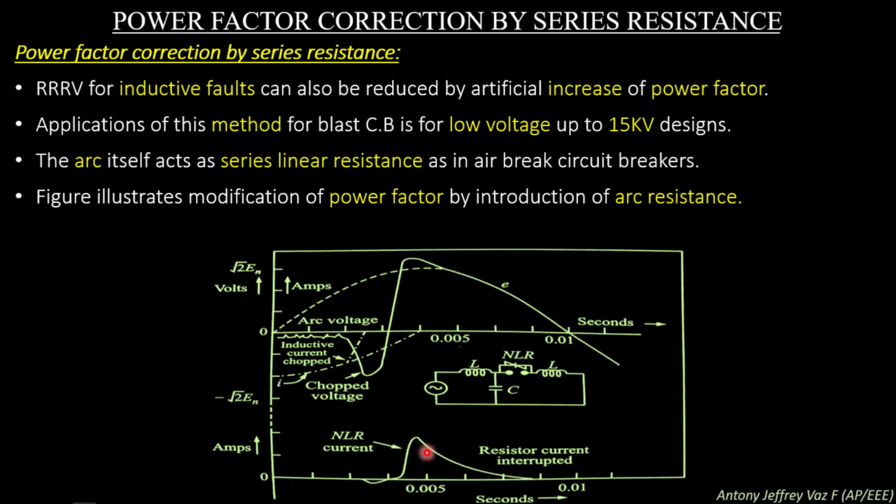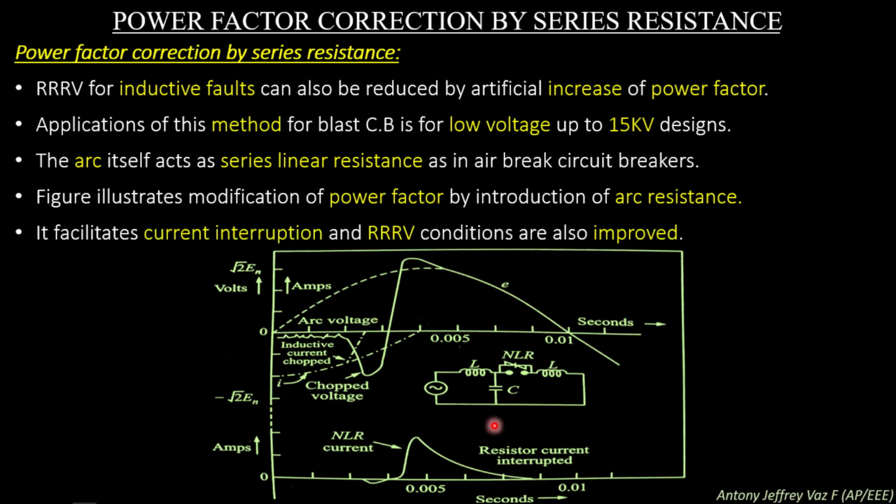And in the figure below you can see the series inductance, that is the linear series inductance current, which is flowing in the arc current, and this resistor current is interrupted at this position. It facilitates current interruption, and the rate of rise of restriking voltage conditions are also improved.